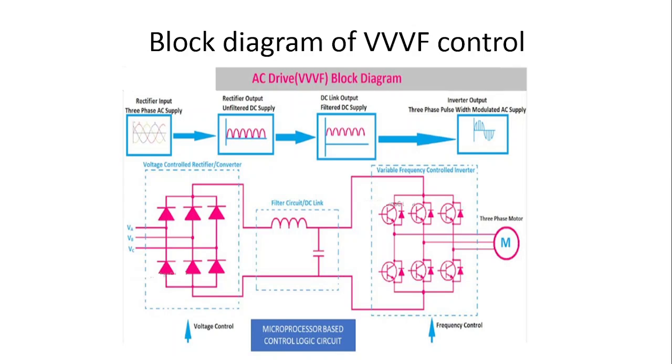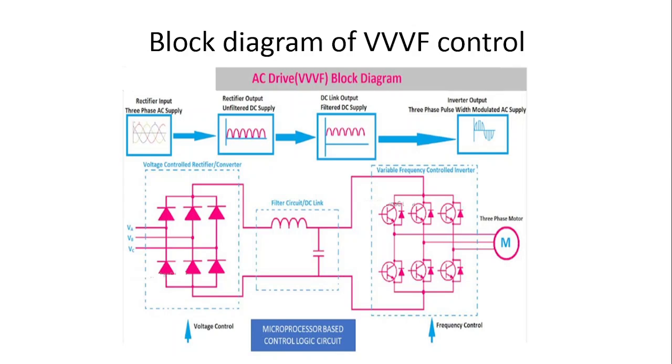Generally, changing the supply voltage frequency is really difficult. To change the speed of an AC motor, there are only two options, because of the speed expression: the synchronous speed ns is equal to 120 f by p, where f is the supply voltage frequency and p is the number of poles of the AC motor.